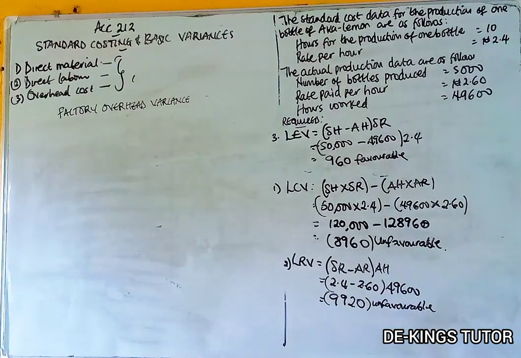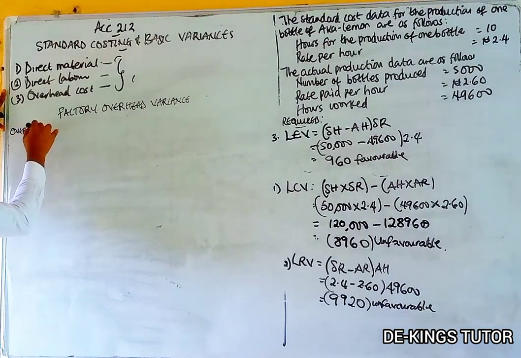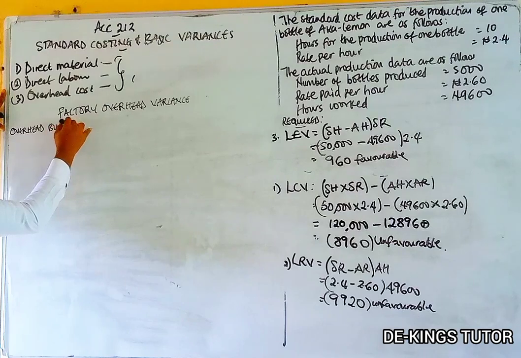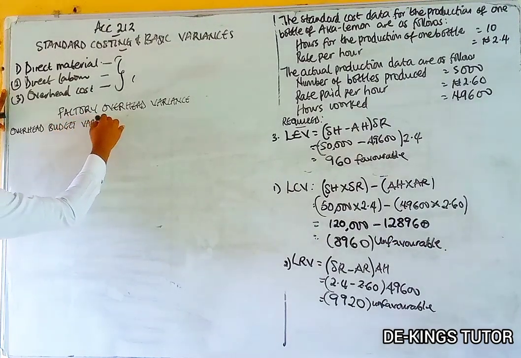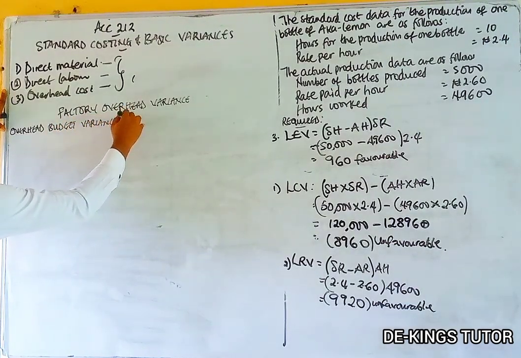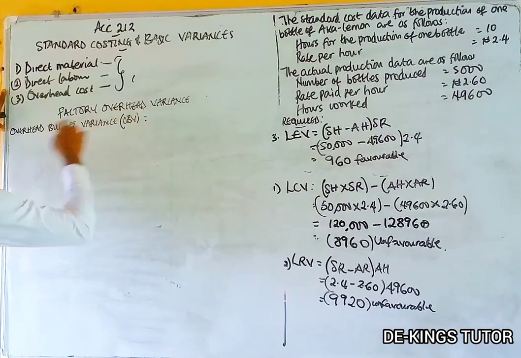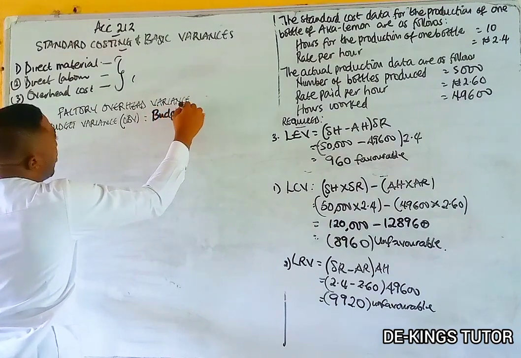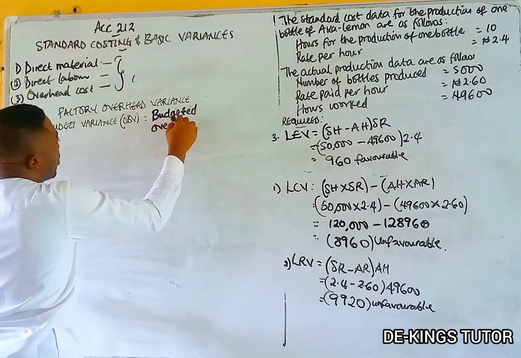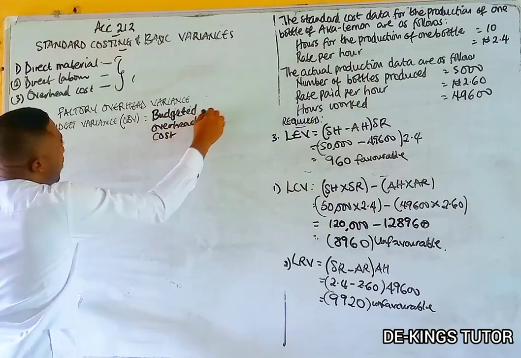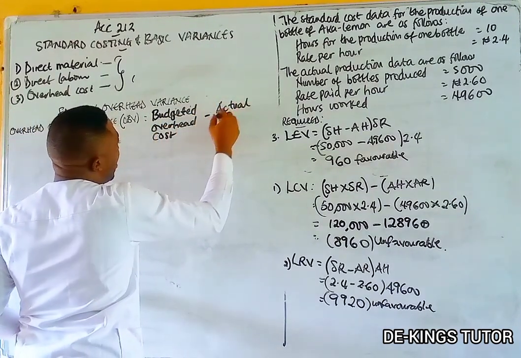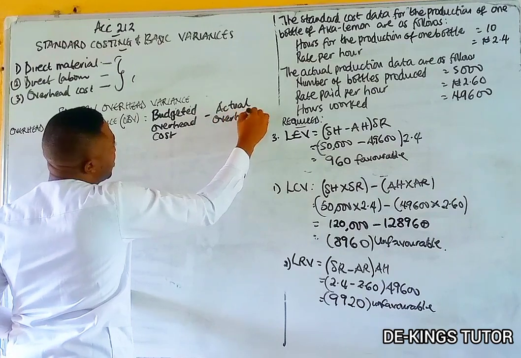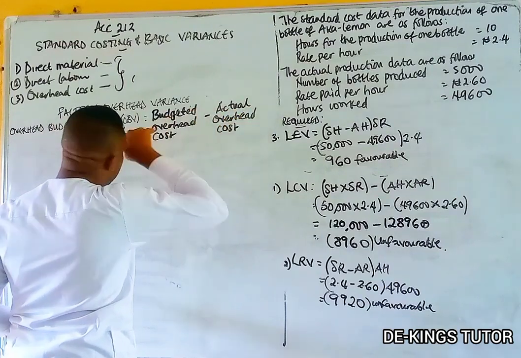And the first one is overhead budget variance. Budgeted overhead cost minus actual overhead cost.